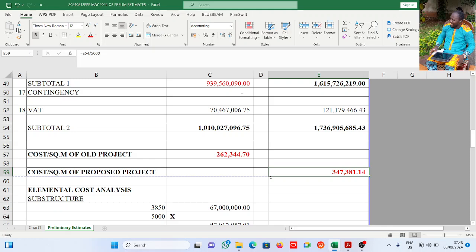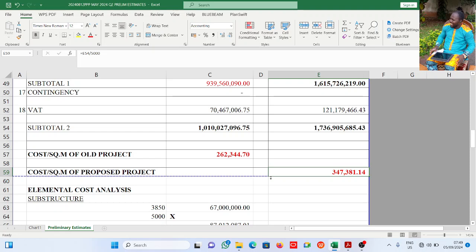A preliminary estimate facilitates early decision making, provides a rough project scope and cost, helps to identify potential risks and opportunities, and also supports initial communication and stakeholder management.